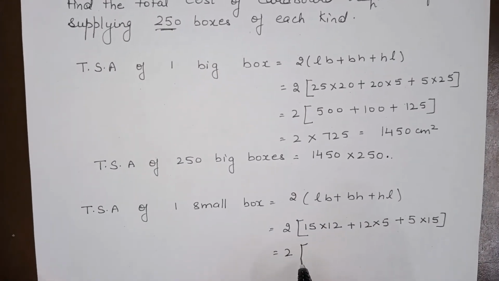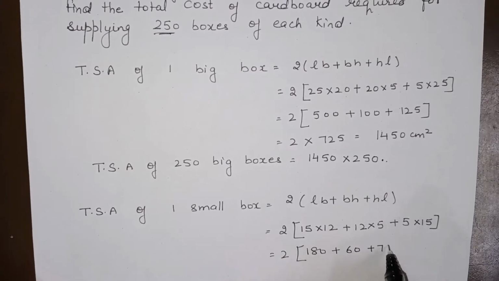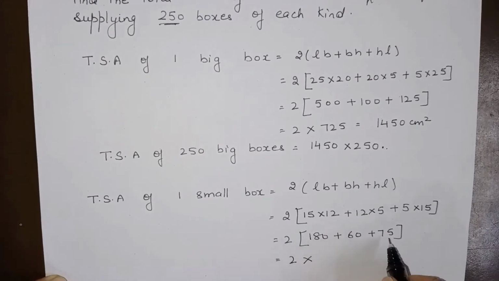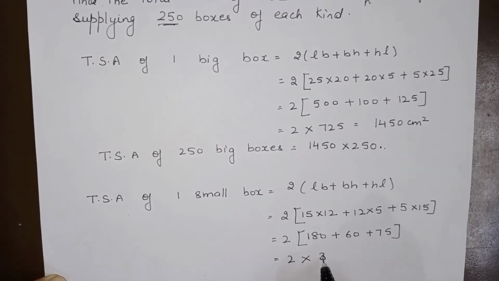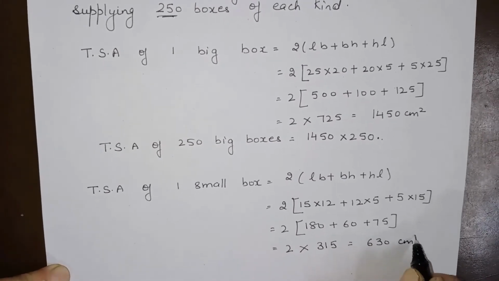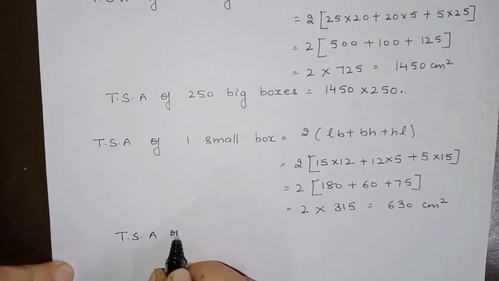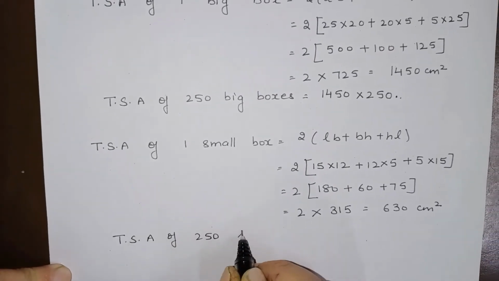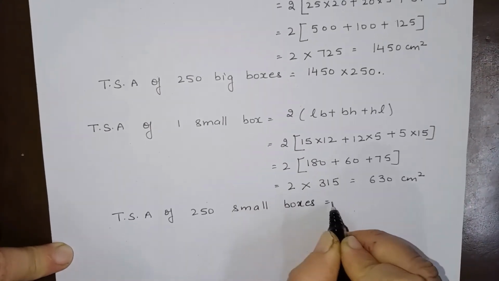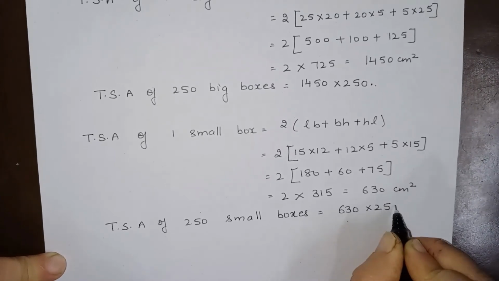So 2, this is 180, this is 60, this is 75. So 2 multiplied by 315, so 630 centimeter square. So total surface area of 250 small boxes will be equal to 630 into 250.